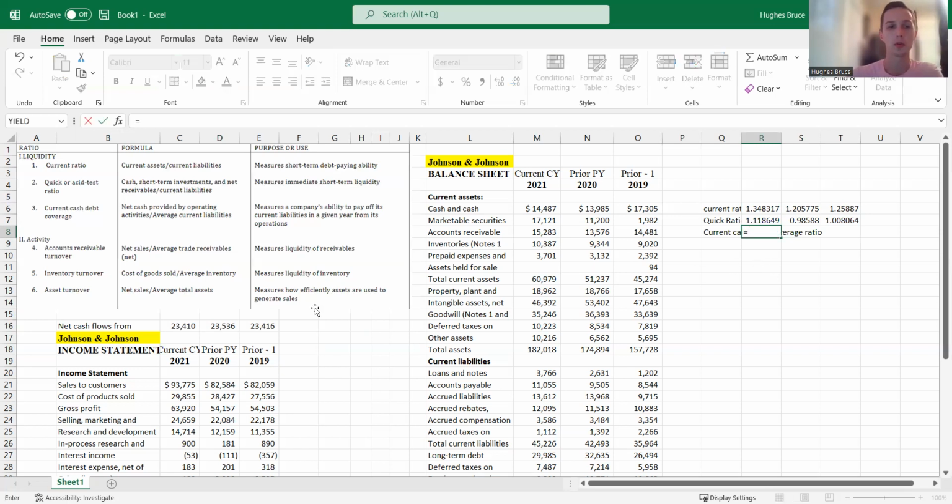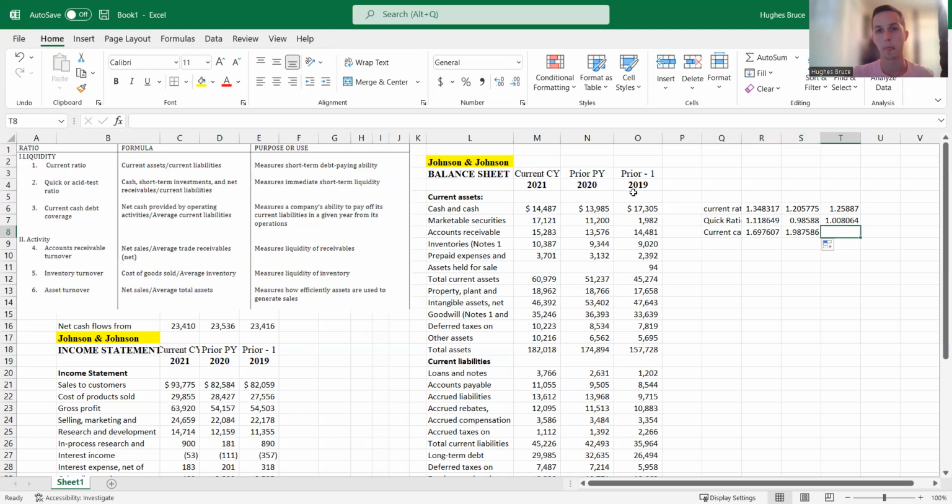So with that, we'll take the net cash from operating activities for 2021, and this one they want to use the average current liabilities number, which to get that you would take the current liabilities of 2021 plus the current liabilities of 2020, divide that by 2 to get the average, and then do that for all the years.